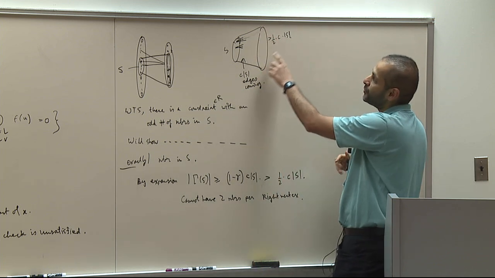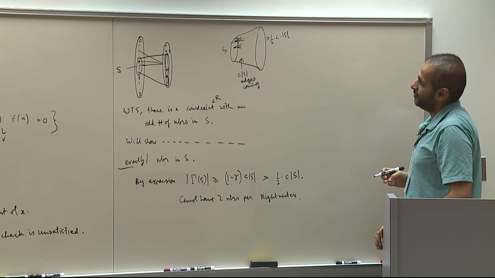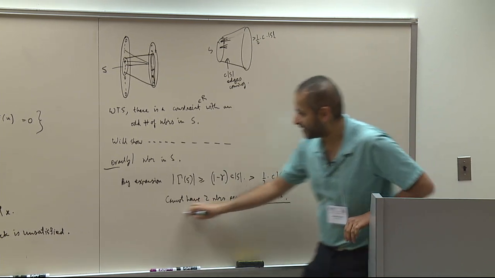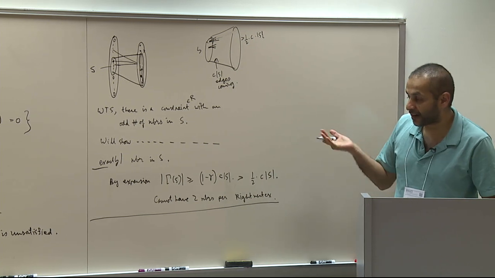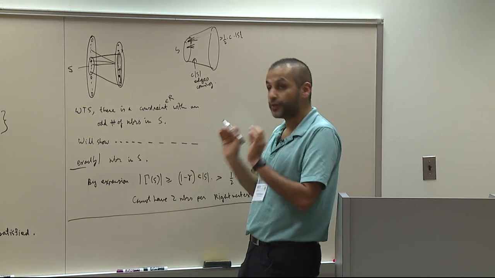If each right vertex receives 2, there are just too many edges to receive. So we now have that it has distance. We got distance from some very harmless property. It's just that the expansion is so much that there are unique neighbors.